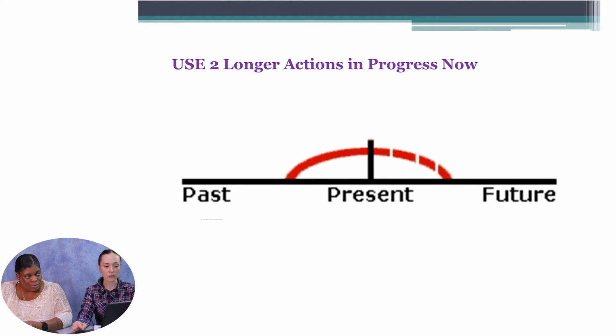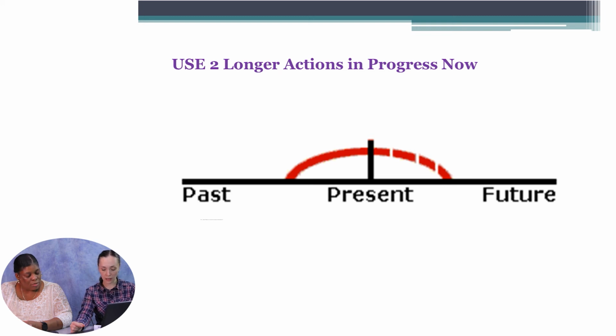The second use of the present continuous tense: longer actions in progress now. In English, now can mean this second, today, this month, this year, this century, and so on. Sometimes we use the present continuous to say that we are in the process of doing a longer action which is in progress.